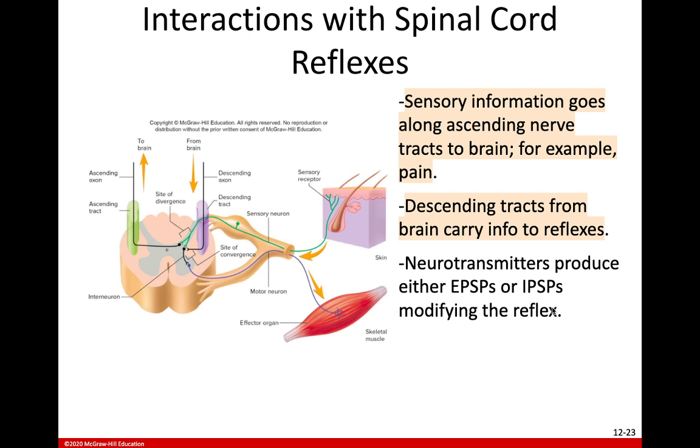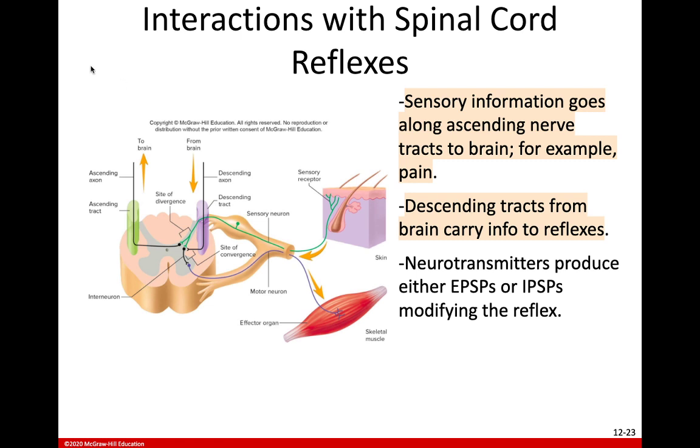Okay, last thing we want to mention, sensory information goes along ascending tracks to the brain. For example, that information for pain. So ascending is going up to the brain. So this green here, ascending. So again, information from these spinal cord reflexes, it doesn't have to go to the brain for a response. The response is initiated in the spinal cord. However, some of the information does still go to the brain, and that's what allows us to feel the pain and things like that.